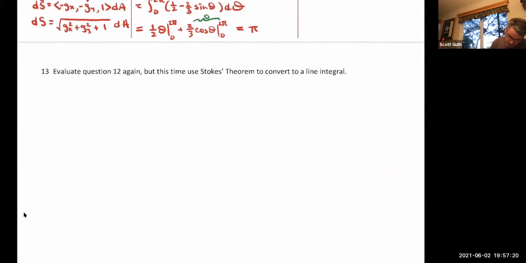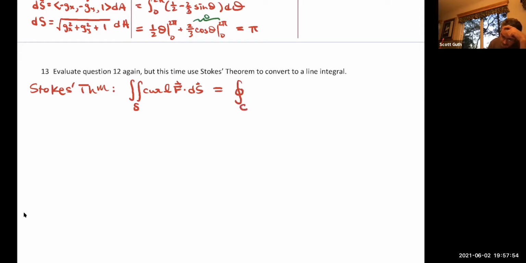Stokes' theorem says that the surface integral of curl F dot dS, the vector surface area differential, is equal to a line integral along a closed curve C of F dot dr. Love it.